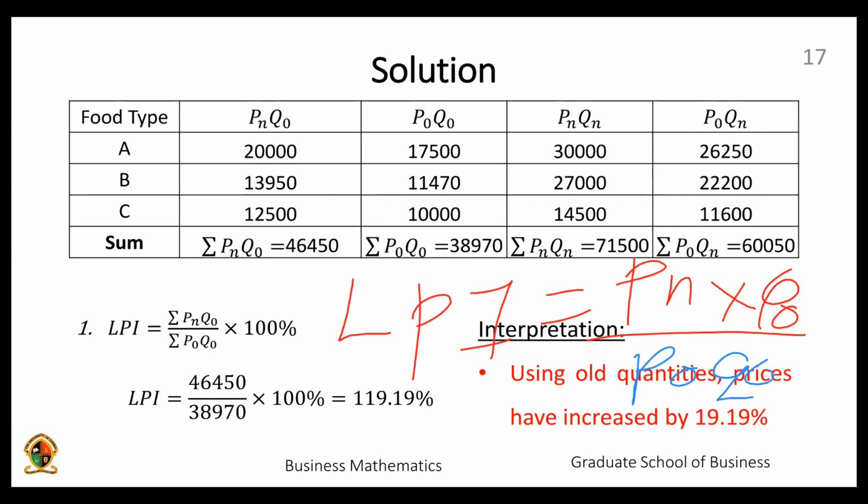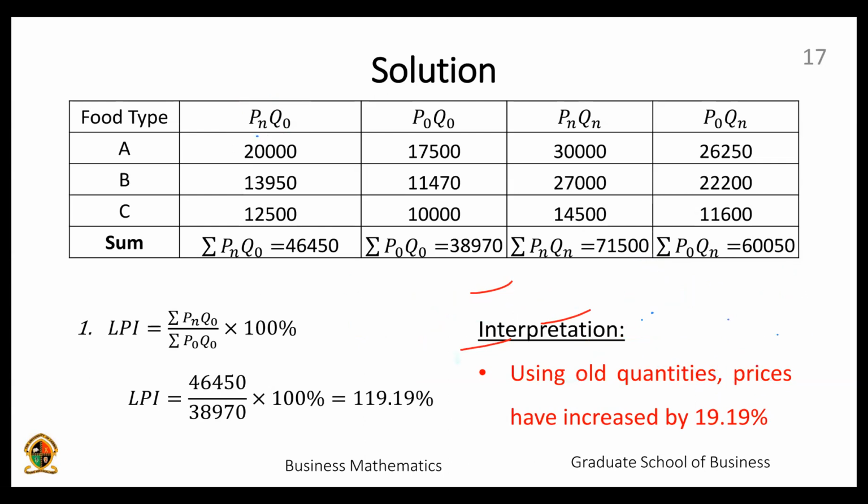So you need the column for Pn, price of the new year, times the quantity of the other year. How do you get this column? You multiply the new year price times the quantity of the other year. How do you do that?